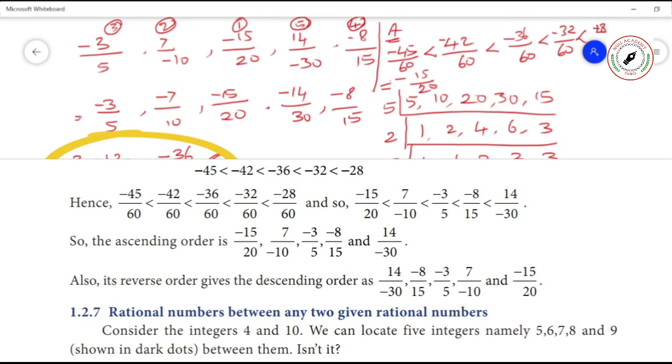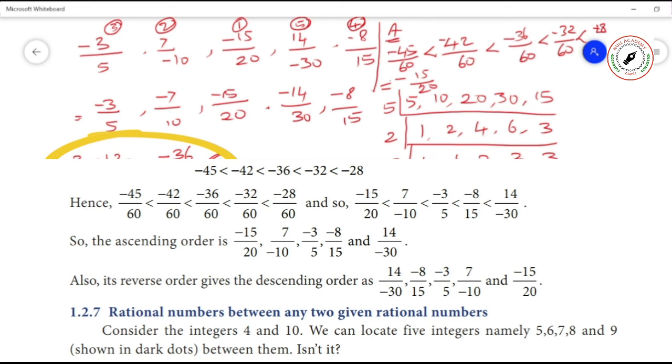First one is minus 15 by 20. What is the second one? Minus 7 by 10. You see this. What is the ascending order? What is the first number? Minus 15 by 20. What is the second number?